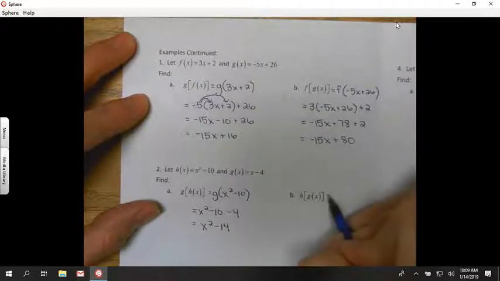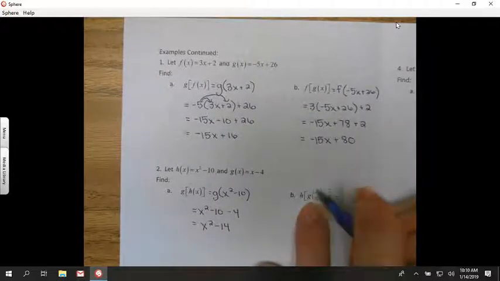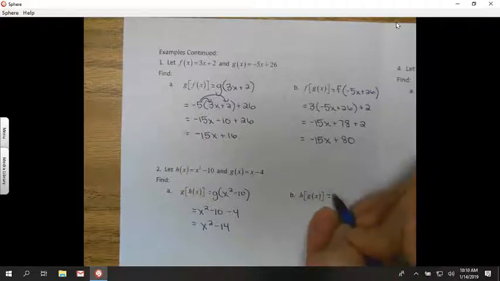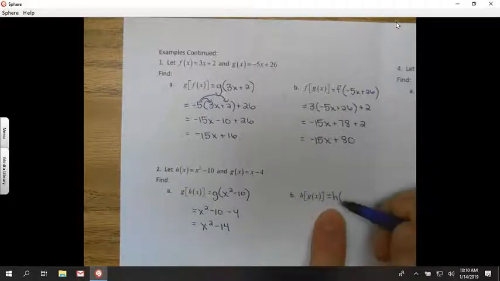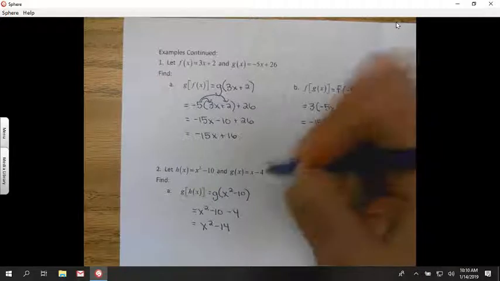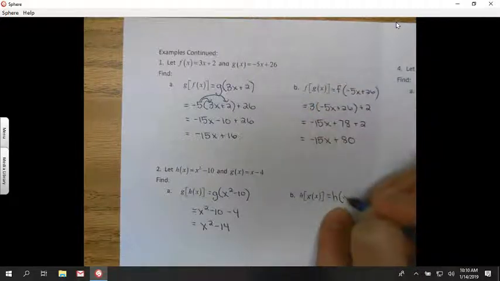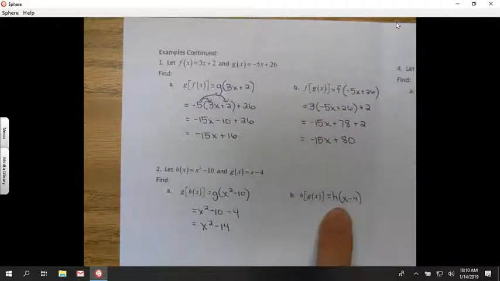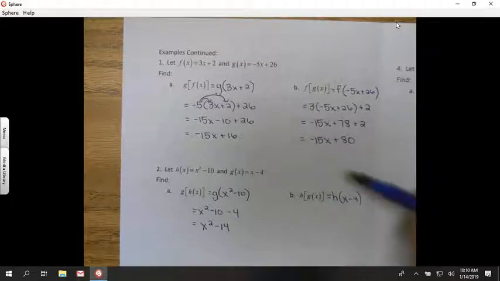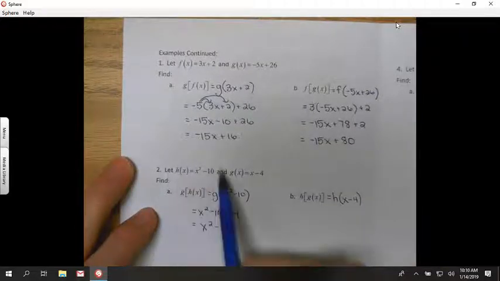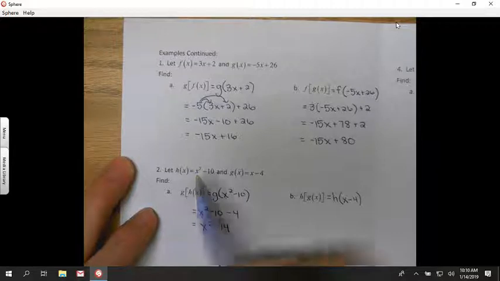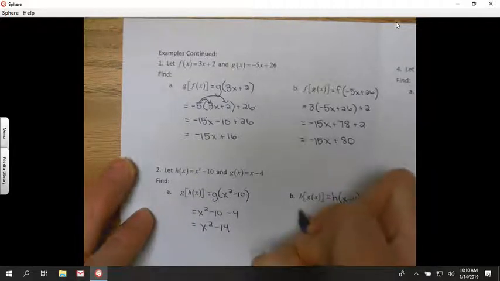Now over here, when I'm going to plug g into h, it is going to be a little different because of that squared term. So we're taking h of g, but what is g? X minus 4. So this is telling me anywhere in my function h that there is an x, I'm going to replace it with x minus 4.